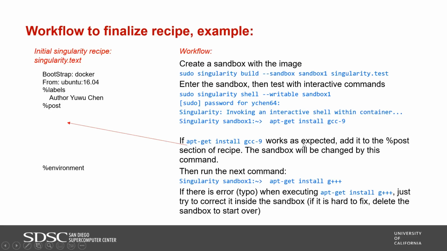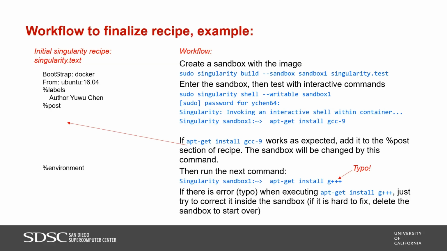and then I just add this command into my recipe under the post section. But if a command doesn't work, for example, the next command I want to use is called install g++, and I had a typo here, or maybe some other kind of error I didn't notice, then on the screen I see, oh, that command doesn't work. I should not add it to the recipe.